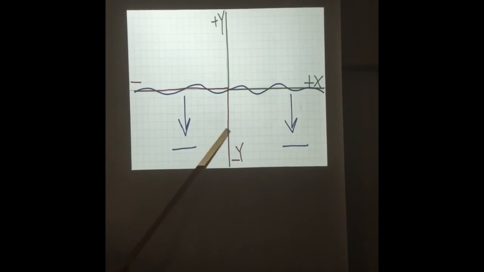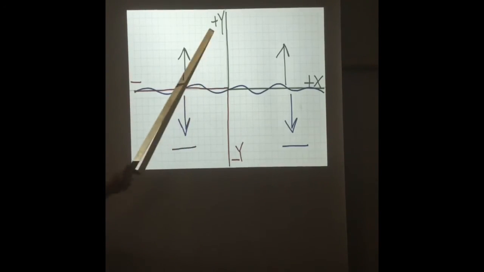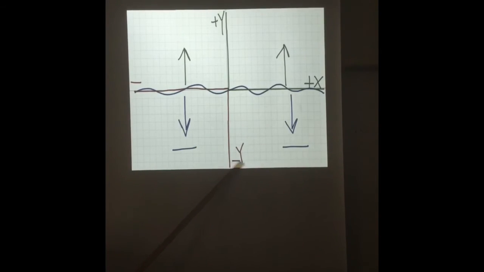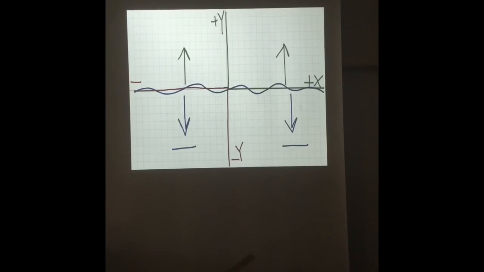When y is a negative number, that means it's going to be below the surface. Now if your y is positive, that means above the surface, like going up in the air. And negative numbers on the y, the second number, would mean like diving into the pool, diving into the ocean.